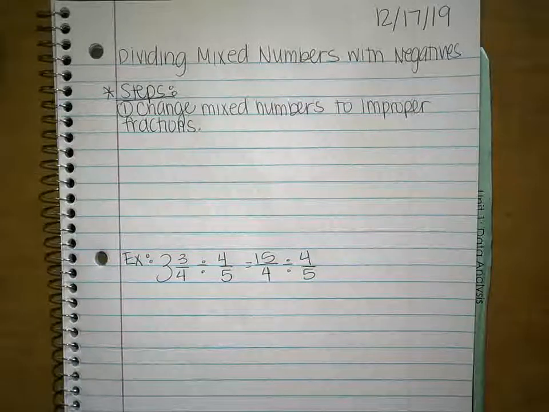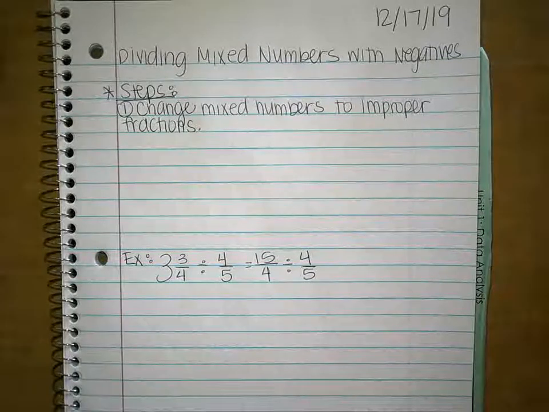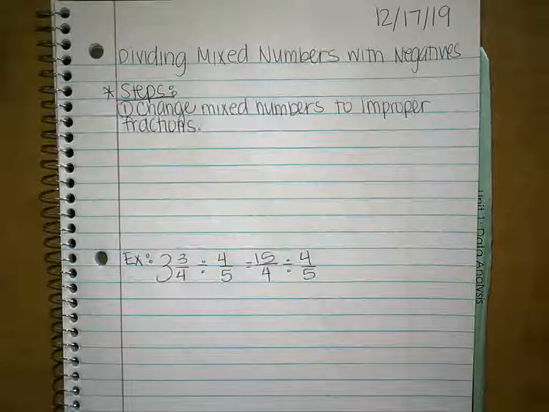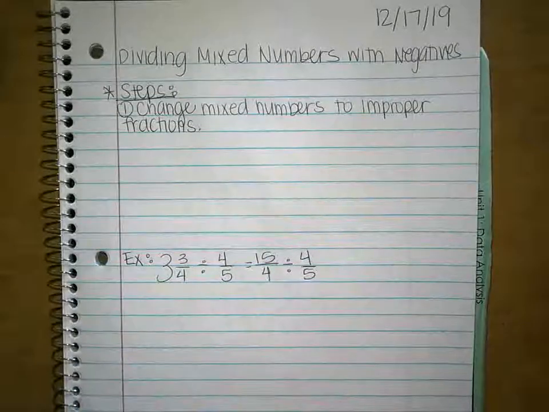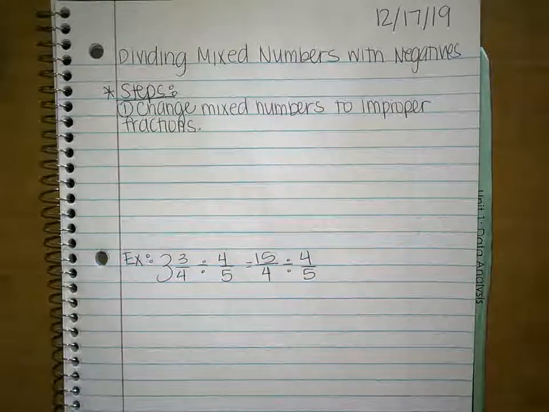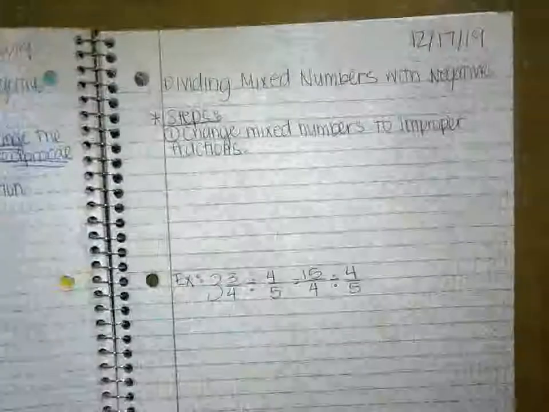These are the problems students miss the most because they're trying to rush through their steps, and I see a lot of students who accidentally do what I call a double flip. You flip that second fraction twice, and that messes up your answer. Okay, so now once we've changed them into improper fractions, now what should we do? Leave change reciprocal. You should do the steps that we did from yesterday.